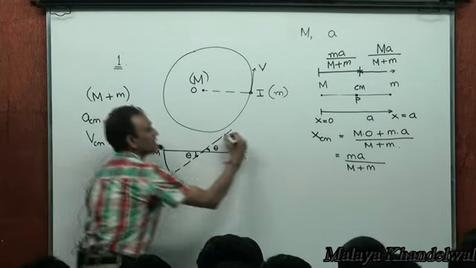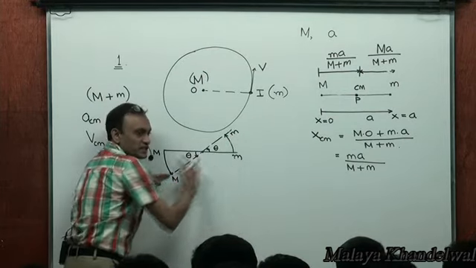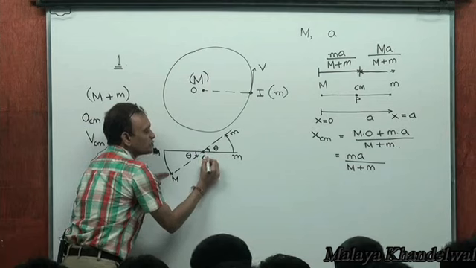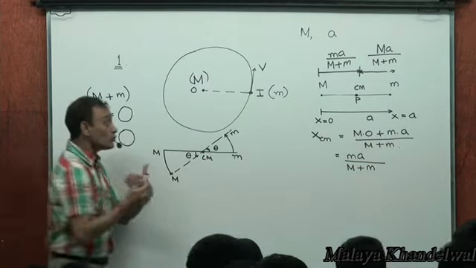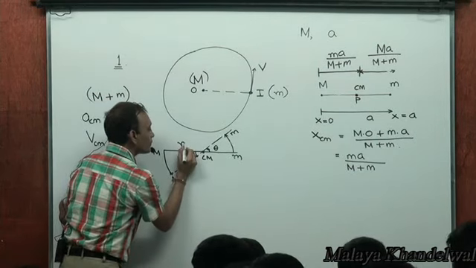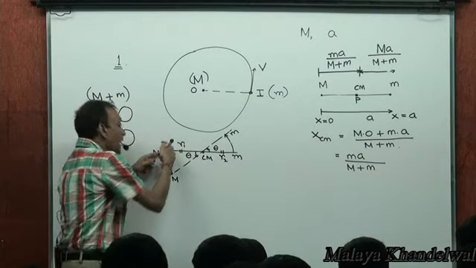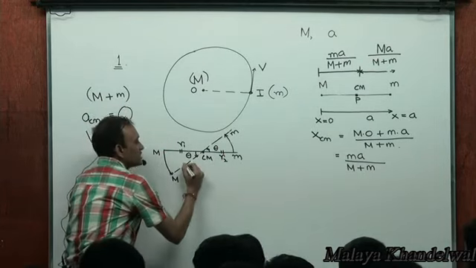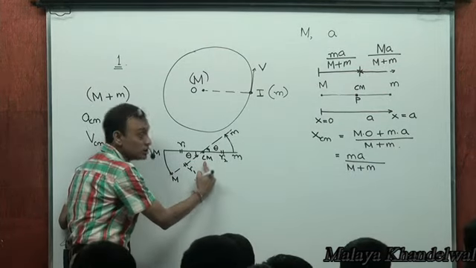Why? Because if small m comes here, capital M must be here, so that their center of mass remains at this position. Yes or no? Yes, sir. Right? Which means capital M, if this length was R1 and this length was R2, then capital M must be moving in a circle of radius R1 with center at this position.